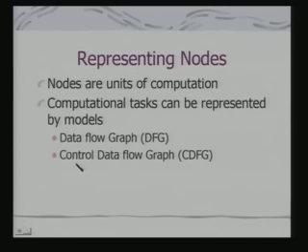And there can be models for representing computations that are to be carried out at the nodes. The two basic models which are used: one is the data flow graph model, another is the control data flow graph model. In fact, these models are also used by compilers for the purpose of optimization of the code.